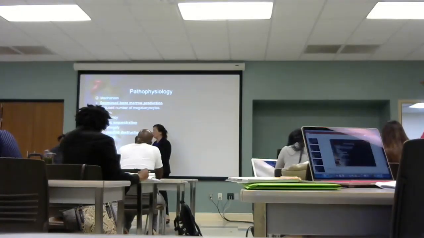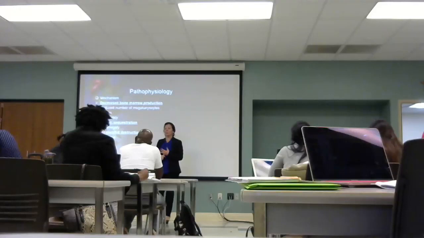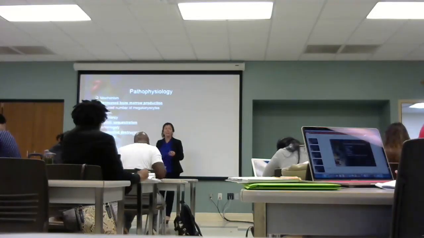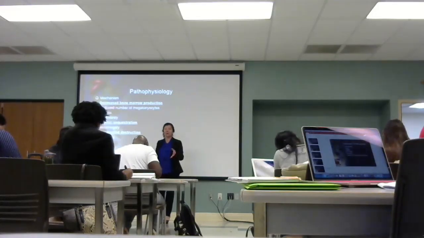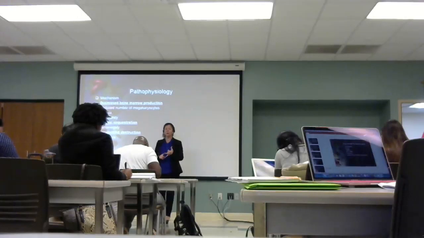What we are going to concentrate on today is immune thrombocytopenic purpura or thrombotic thrombocytopenic purpura, which are autoimmune conditions that could be triggered by infectious processes such as viruses and bacteria, but can also be induced by autoimmune conditions such as hypothyroidism, lupus, and also cancer.